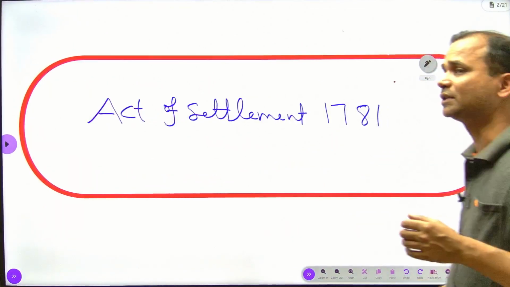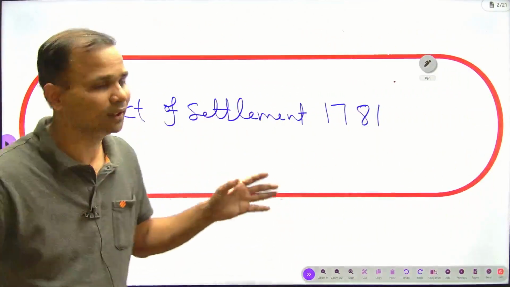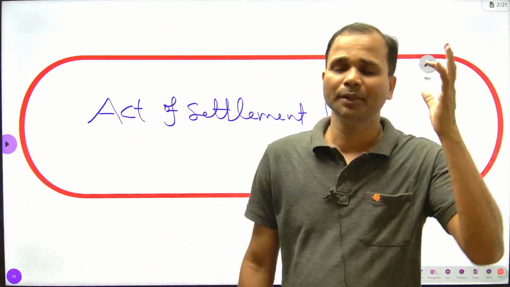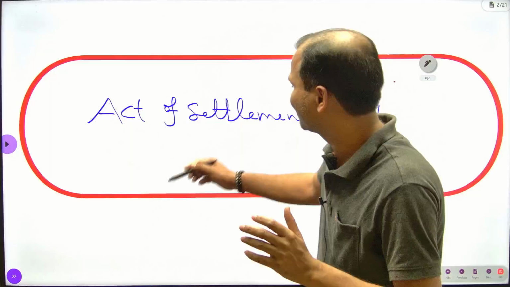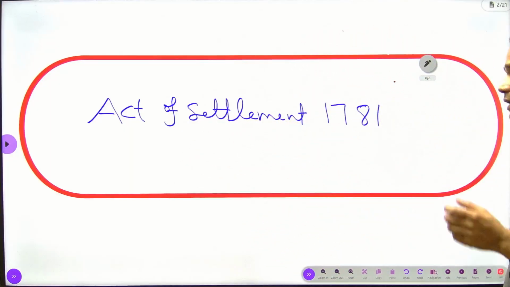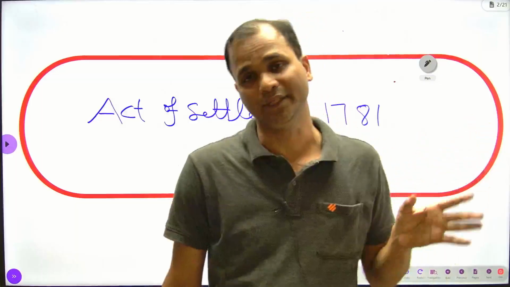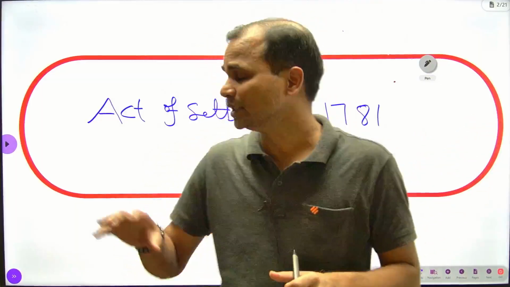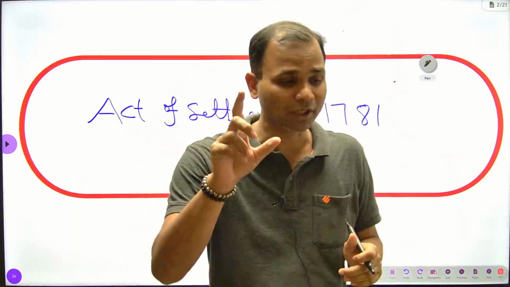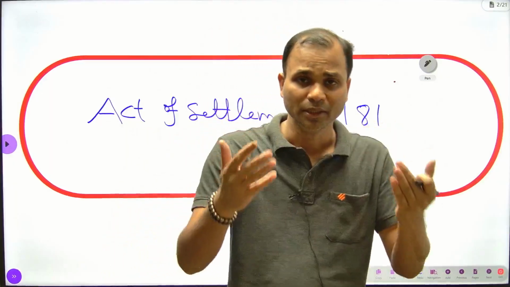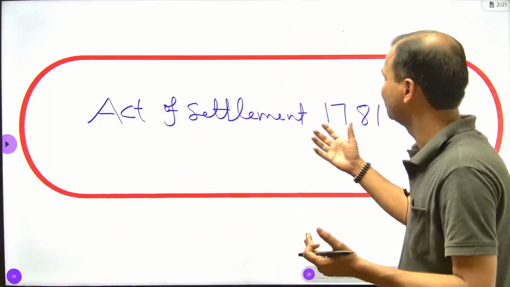First I will start from the Act of Settlement. After Pitt's India Act, we find another important act known as the Act of Settlement. This act is also important like the other acts. You will find that in every act, the power of the Governor General is being increased. That's why every act is important.